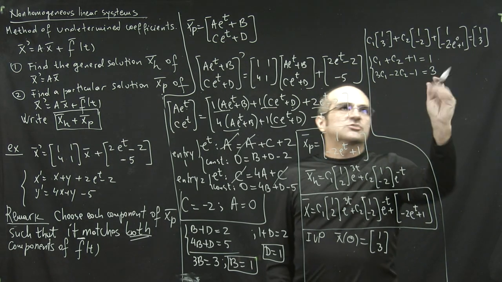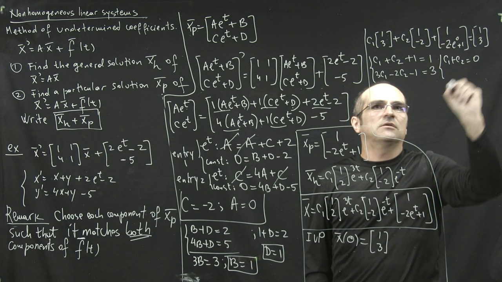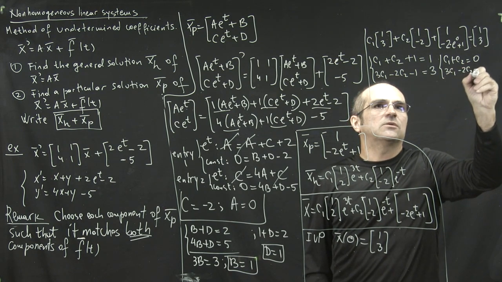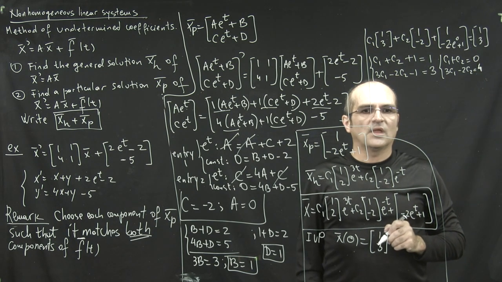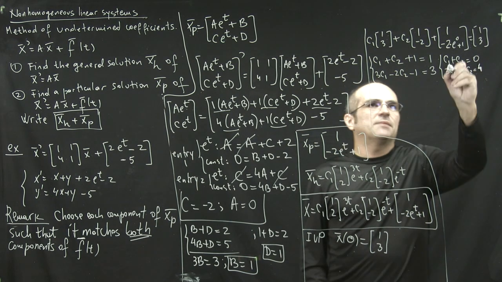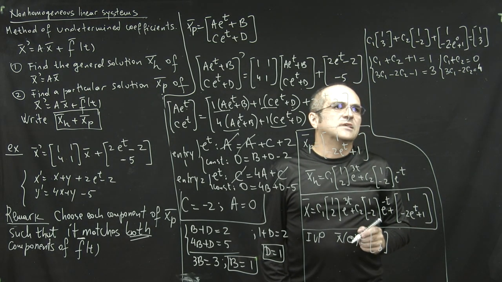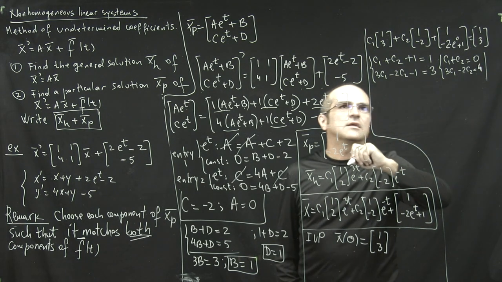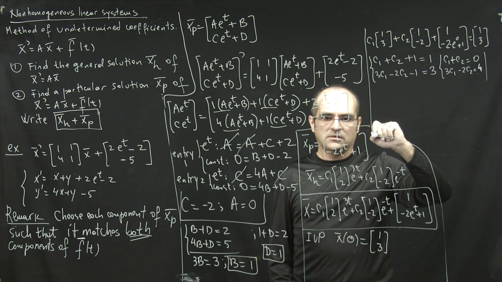So move these constants to the right. So the system now is going to be C1 plus C2 equals 0, 3C1 minus 2C2 equals 3 plus 1, which is 4. So how do I do this quickly? Let's see, 3C1. Why did I put 3?